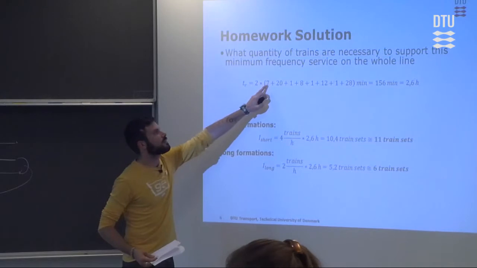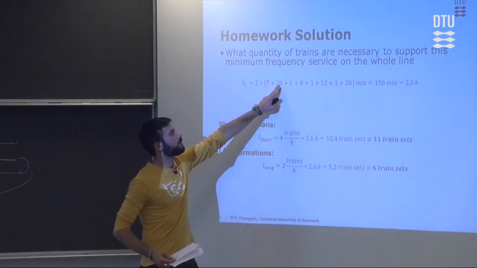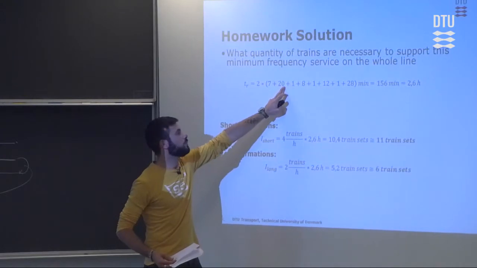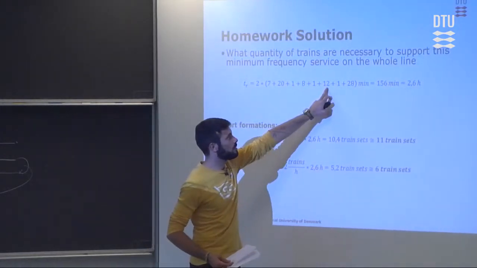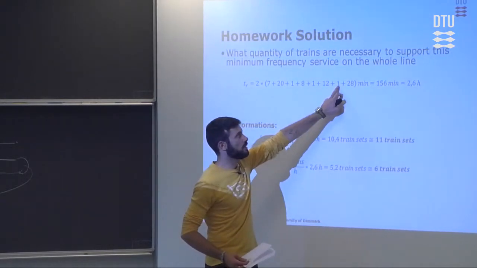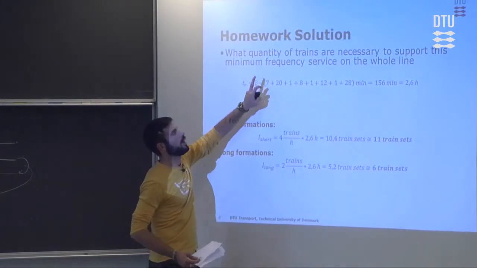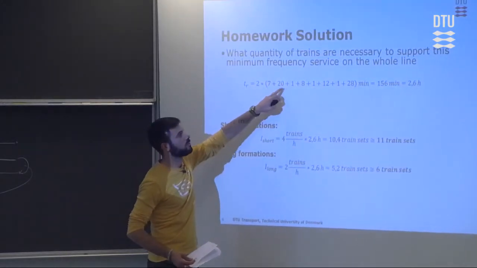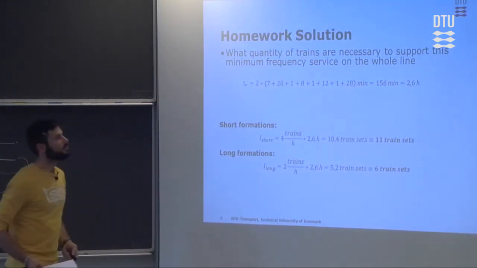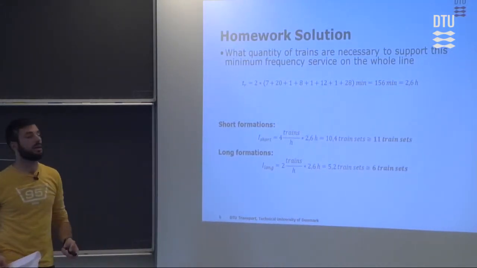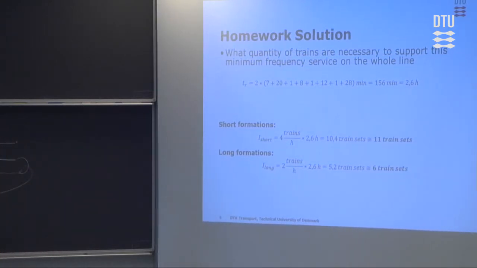So this is the first reversal of the train, the first time for A to B, first stop, B to C, second stop, C to D, stop in D, and then the time to get to E. Then we are getting back. We are having, again, 7 minutes of reversing the train and 28 minutes, and we are just going back. It took more than 2.5 hours for the train to get back.